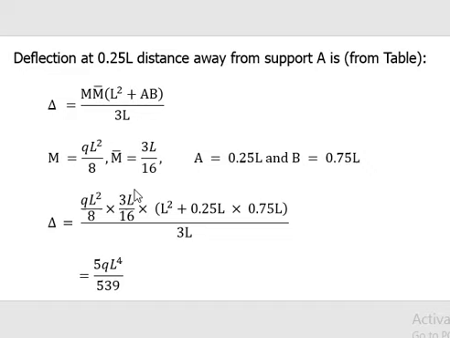After substituting the values, in this case Mo is qL squared over 8, M bar is 3L over 16, then A is 0.25 L and B is 0.75 L. Substitute these values into this formula. After solving, we'll obtain that delta is 5qL raised to the power 4 over 539. That's the displacement at 0.25 L away from support A.